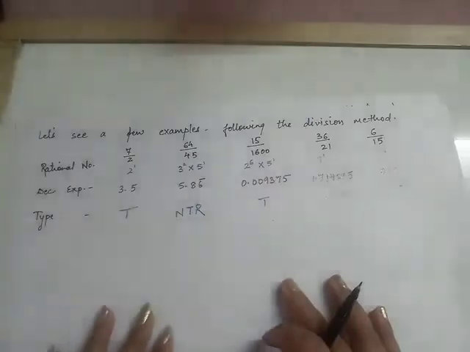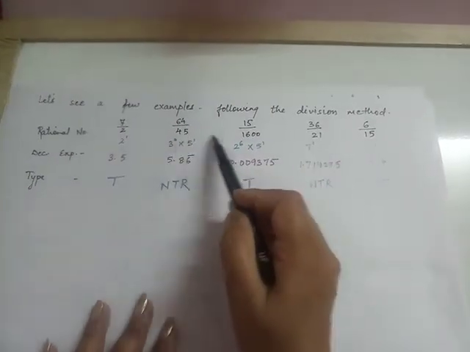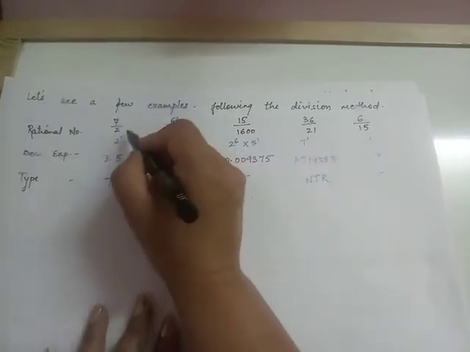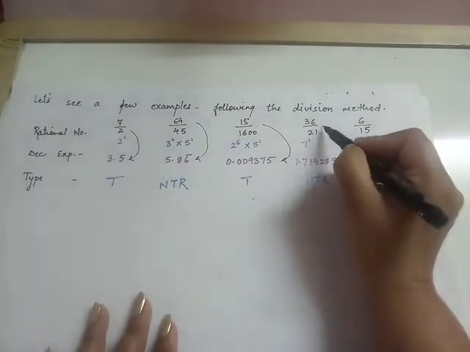See, I have taken a few rational numbers, 7 upon 2, 64 upon 45, like this you can see. Okay, and I have found out their decimal expansions by simply dividing.